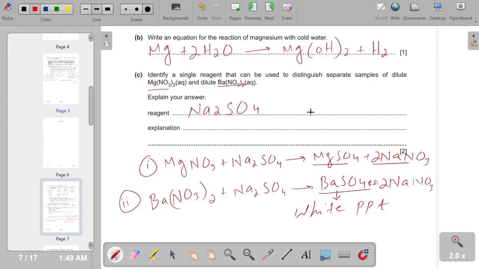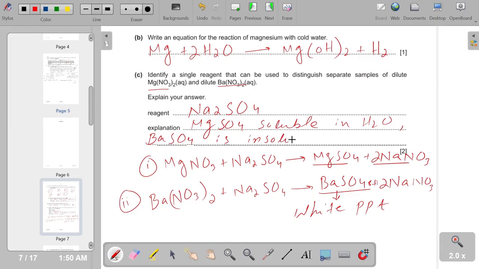Magnesium sulfate, MgSO4, will easily dissolve, it is soluble in water, while in this equation barium sulfate is insoluble.